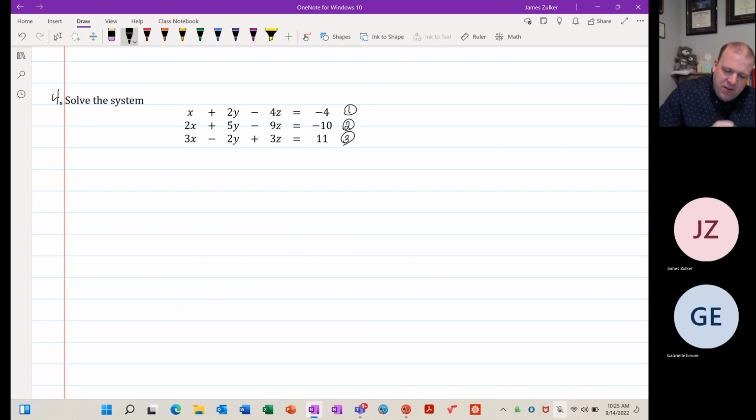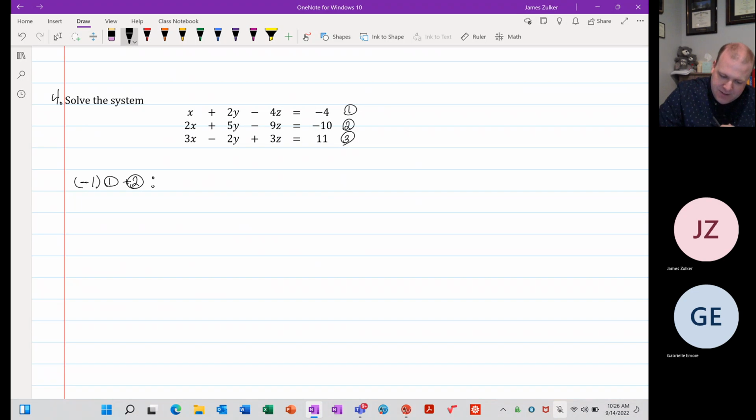Looks like the x is going to be very easy to get rid of. So I'm going to multiply the first equation by negative 1, add it to the second.